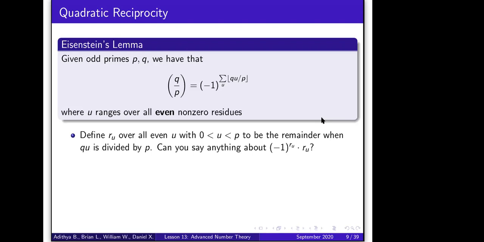No, it doesn't have to be positive because R(u) doesn't have to be even. Yeah, it's distinct over all u. That's true. Can we say something about its parity?